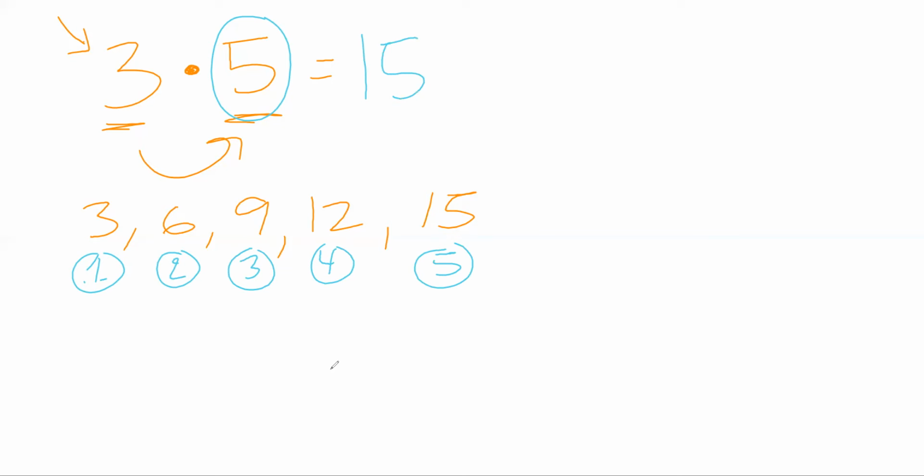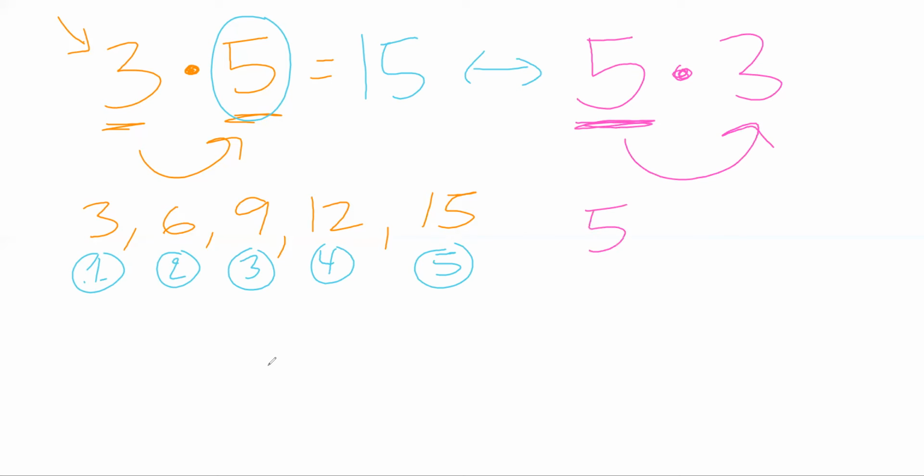We could also look at it the other way. We could reverse this concept, and we'll talk a lot about that this year, and say I could also say 5 times 3, and that would just mean I'm counting by 5s, 3 times. So look at this. We go 5, 10, 15, and there you have it. It's the same answer, and that's the cool thing. We'll talk about that.